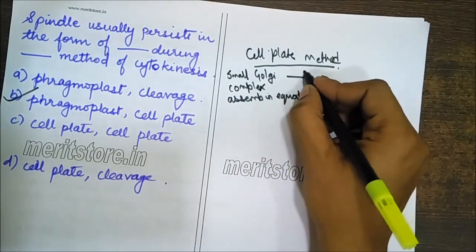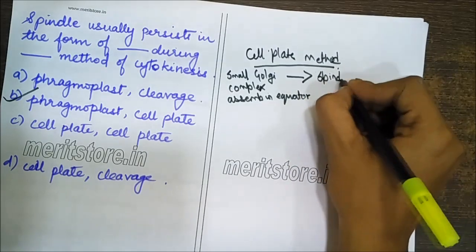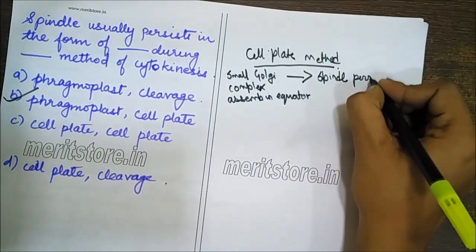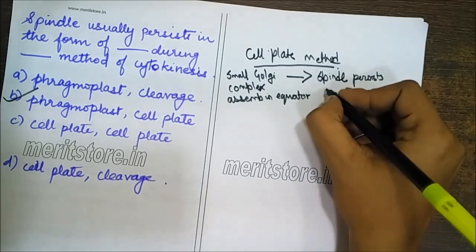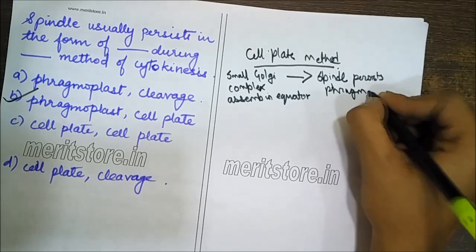Okay, then spindles persist in the form of phragmoplast.